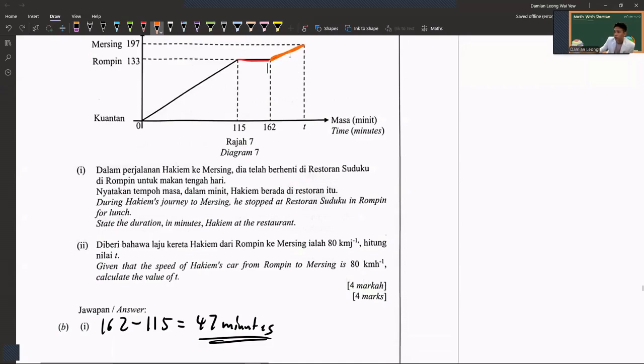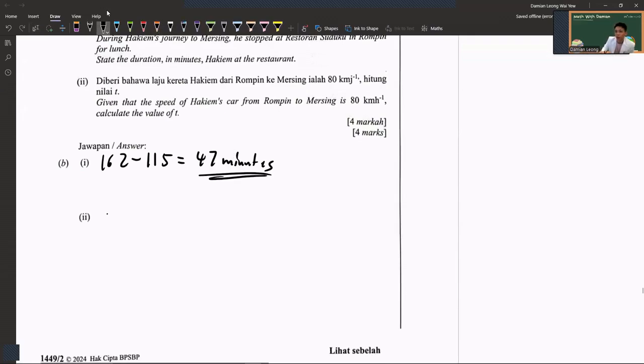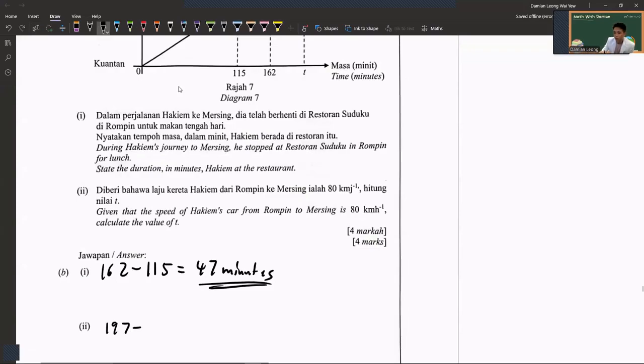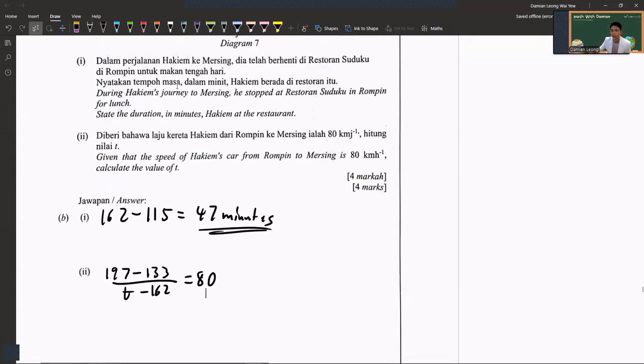Calculate the value of t, the change in distance from 133 to 197. 197 minus 133 over the change in time, t minus 162, equals 80 km per hour. But this time is in minutes, so I have to divide by 60 to change it to hours, because it's km per hour.